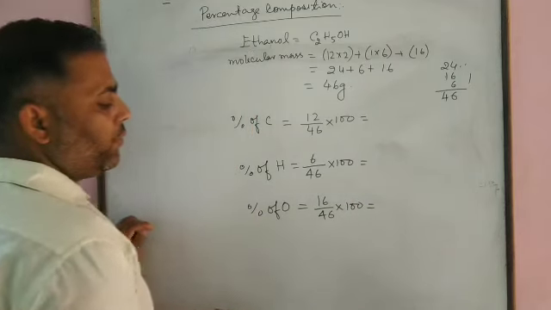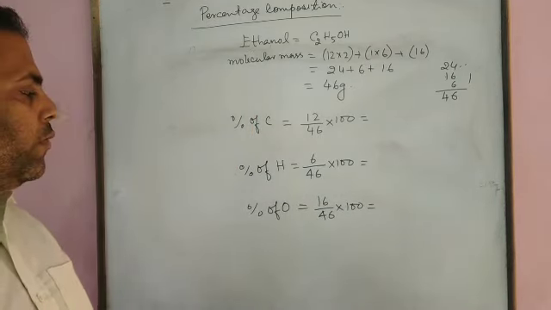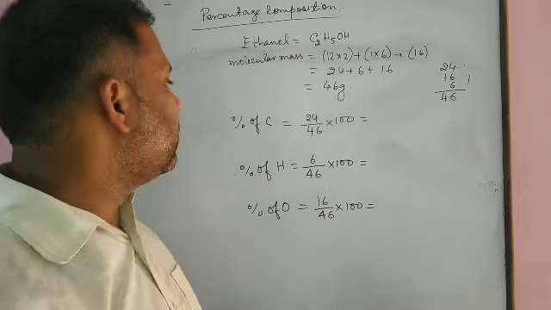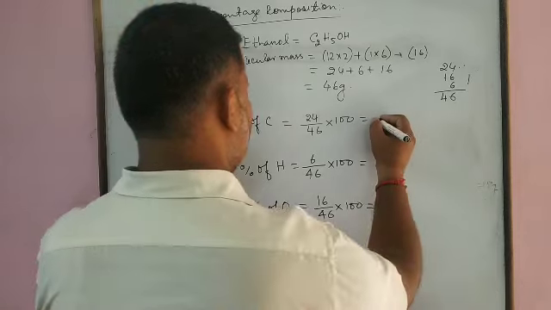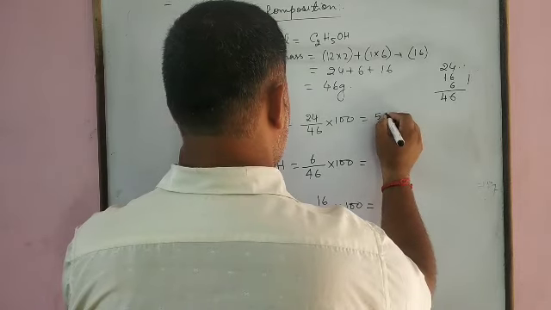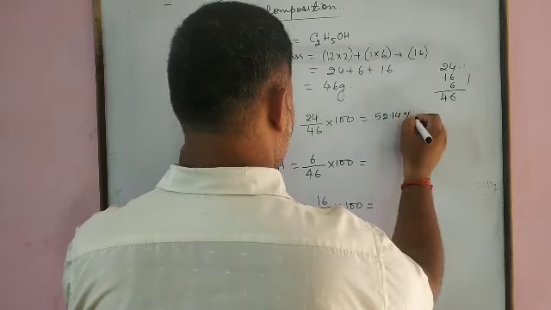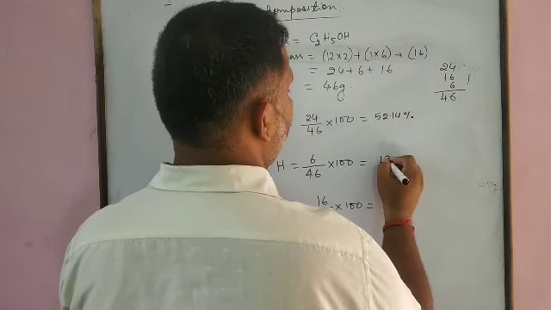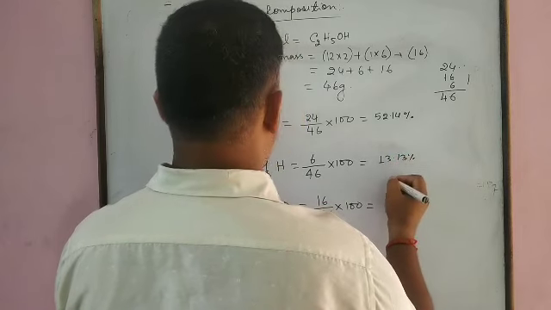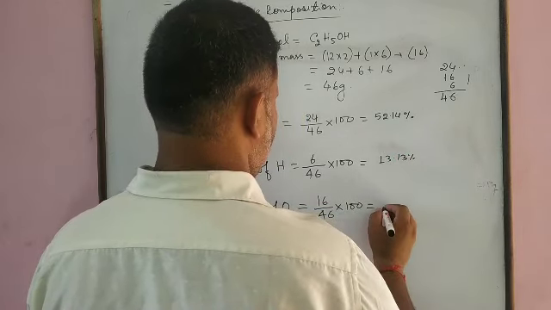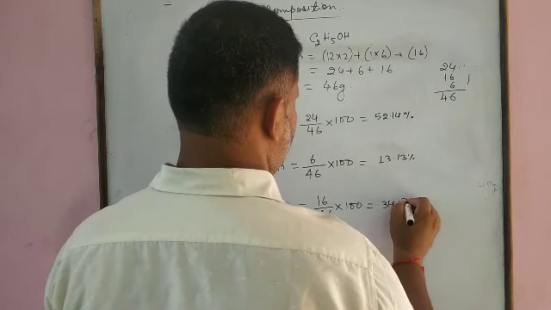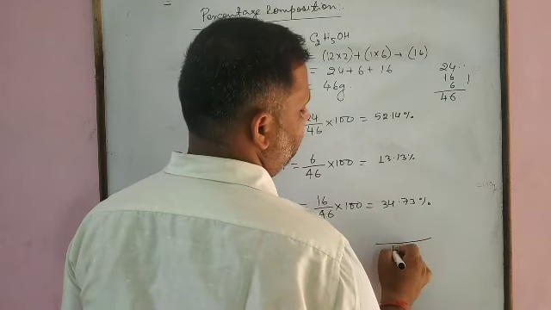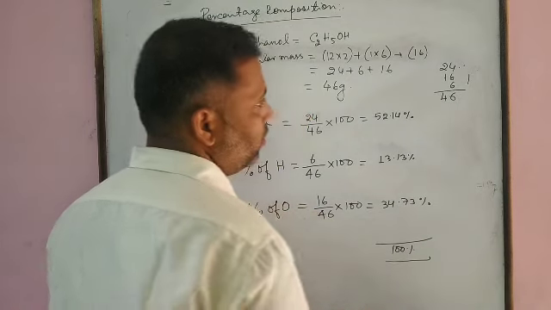When we simplify it, what we got? The percentage composition of carbon is 52.14%. The next one, percentage composition of hydrogen is 13.13%. And the percentage composition of oxygen is 34.73%. When we add up all, what we got? We got 100%. Clear?